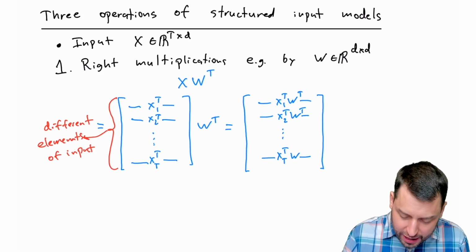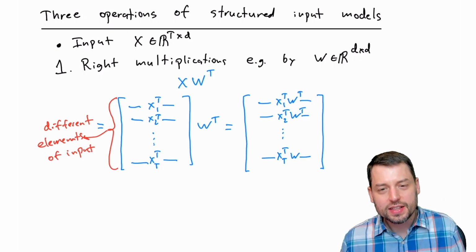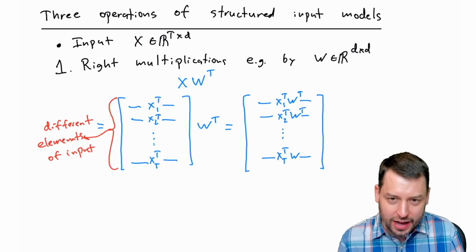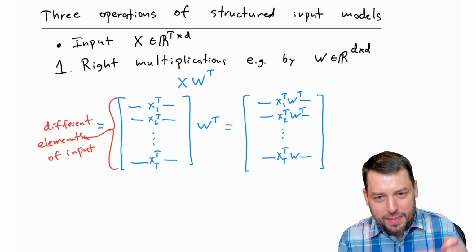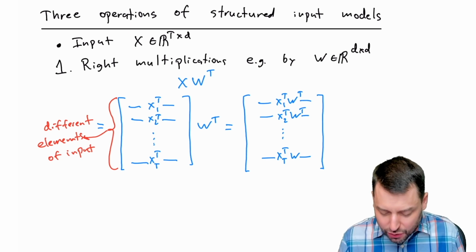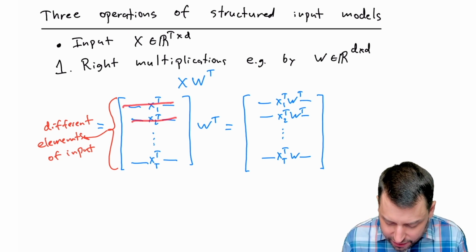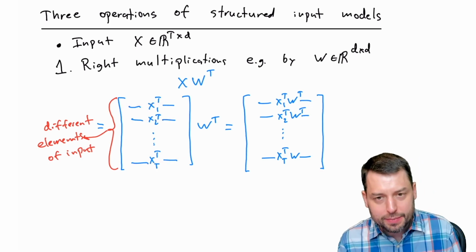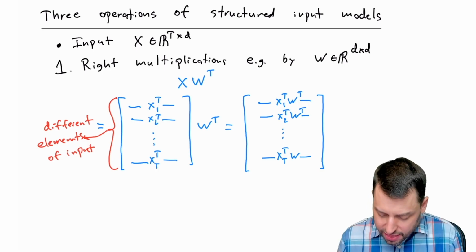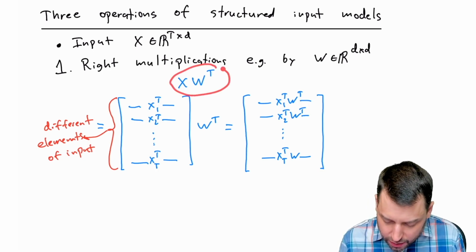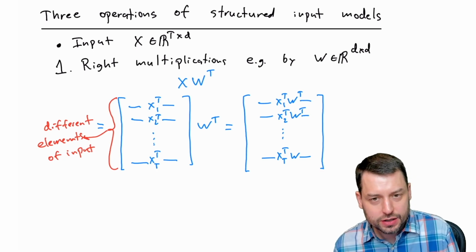Now, the key property of this, and this should look very familiar, because this is exactly how we applied a linear operation to our mini-batch matrix. This is exactly equivalent to the case where each individual row of X was a different example in a mini-batch, and this operation was the linear operation applied to that mini-batch.